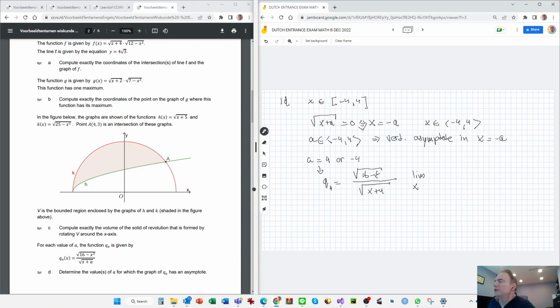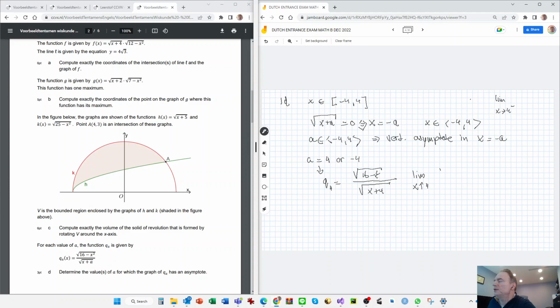Now the limit of this going from below to 4, I think in American education you often see 4 minus, something like limit x to 4 minus, but I think this is more common in the Netherlands.